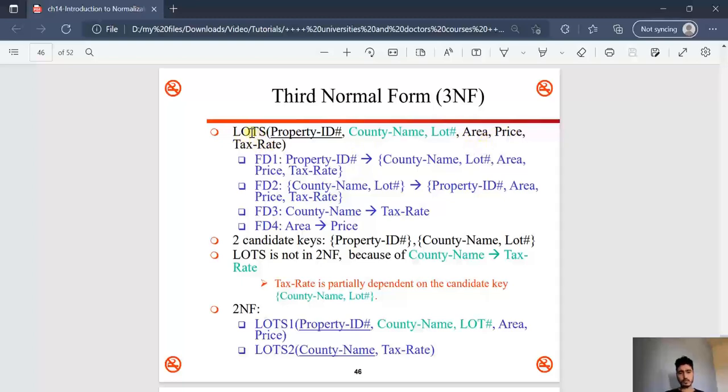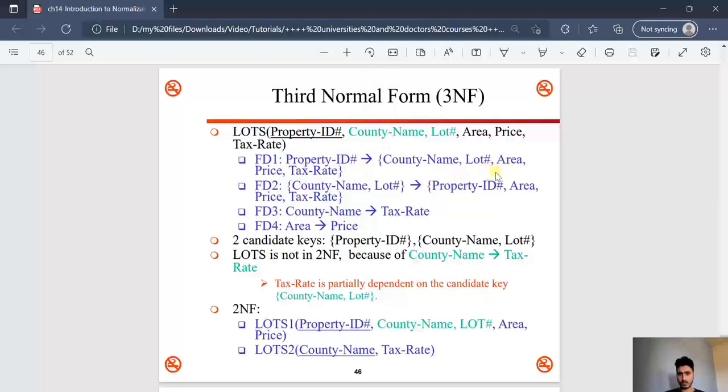So for this relation to be in 2NF, non-prime attributes should depend fully on the primary key and on the candidate key. Now let's see whether the first non-prime, which is area, depends fully on both primary and candidate. Here the area is fully functionally dependent on the property ID, which is the primary key.